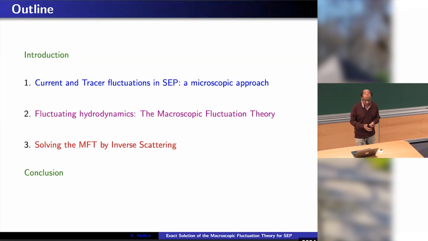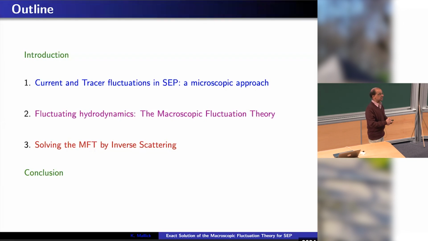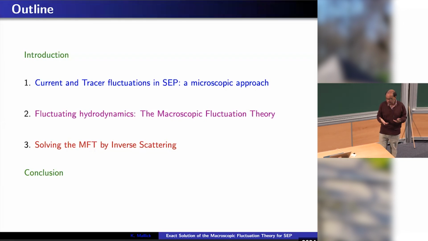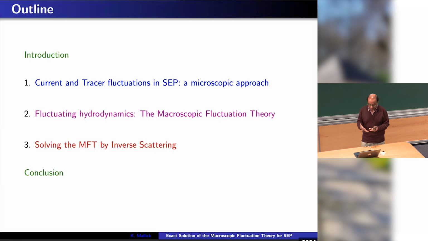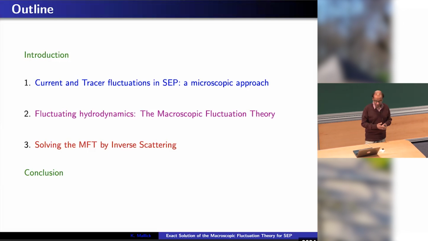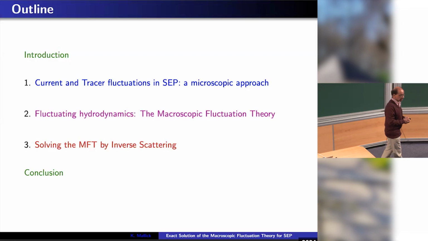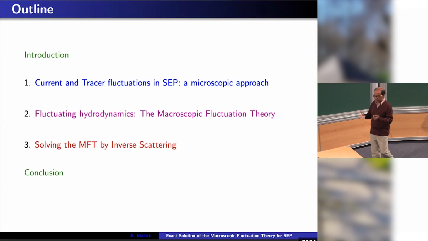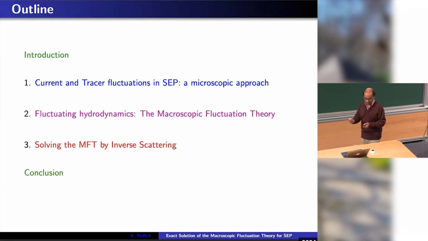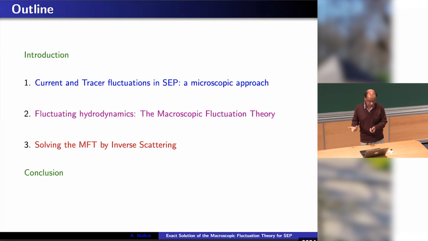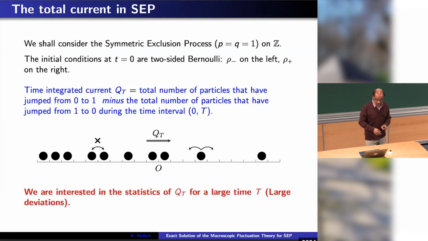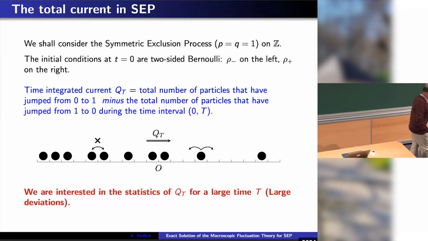The interest comes from non-equilibrium statistical physics, trying to see how systems respond to an external drive, and what are the fluctuations out of equilibrium in a system like the symmetric exclusion process, which is a kind of Ising model for non-equilibrium physics. It's really the model that people try to understand and try their hands on before going to more realistic systems.